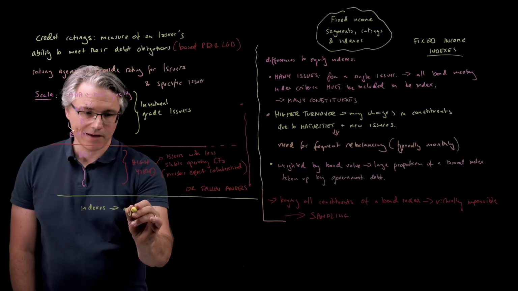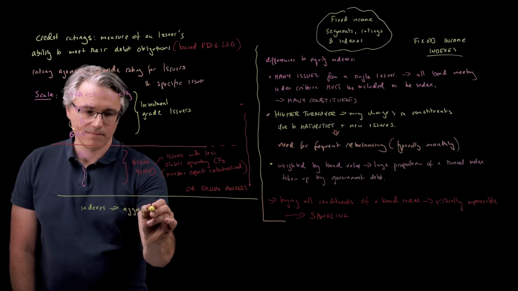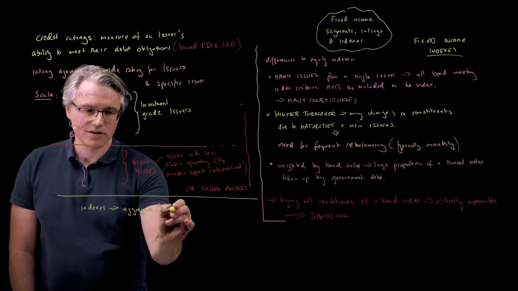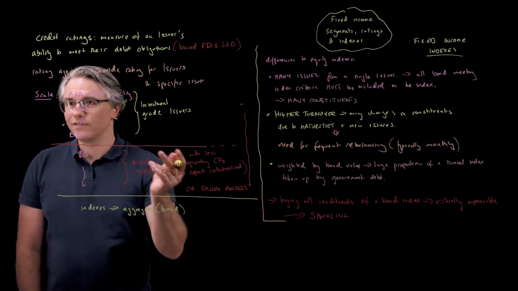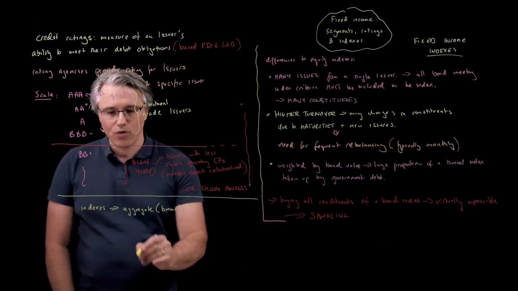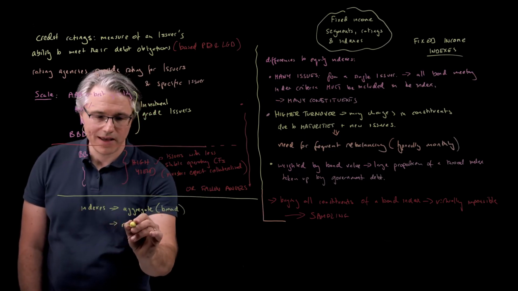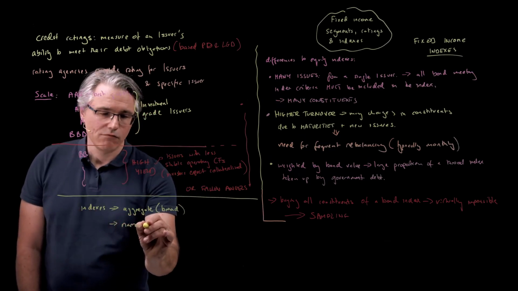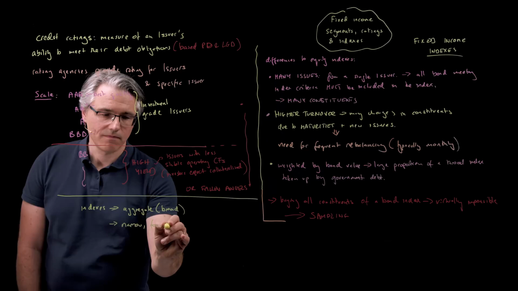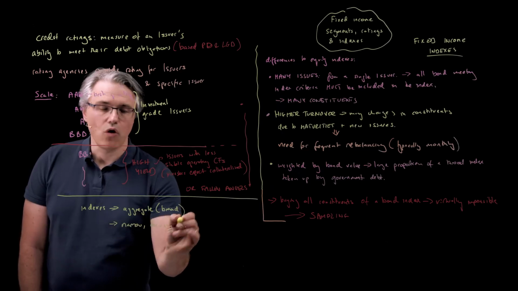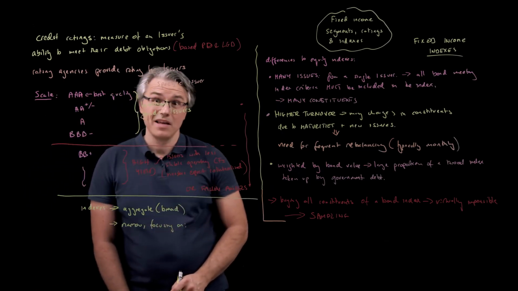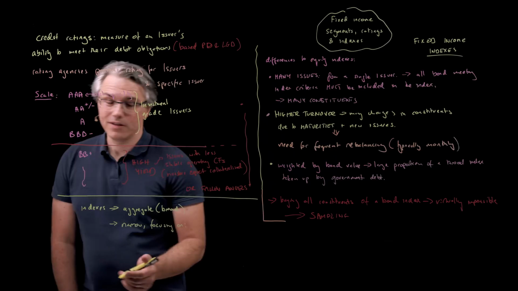We call them aggregate indexes, or broad indexes containing lots of issues, or they may be more narrow, focusing on, for example, specific credit qualities.